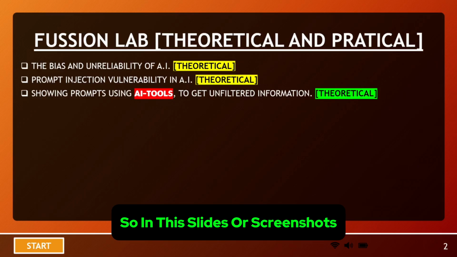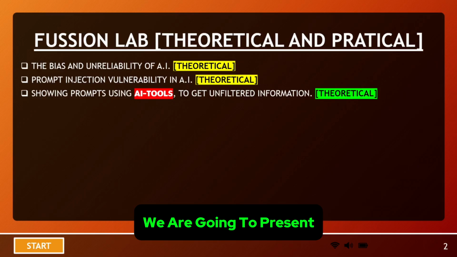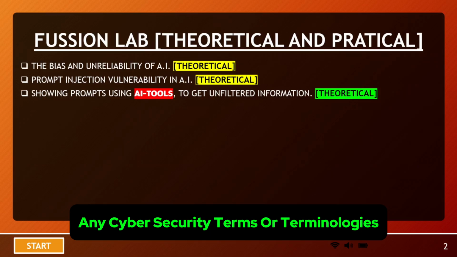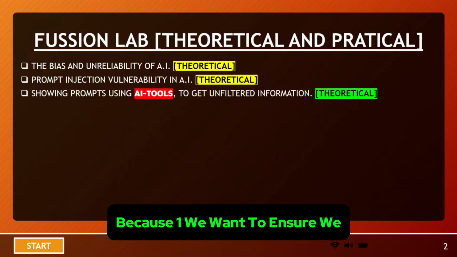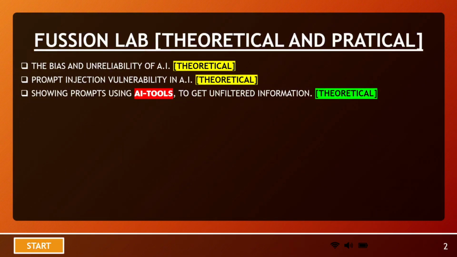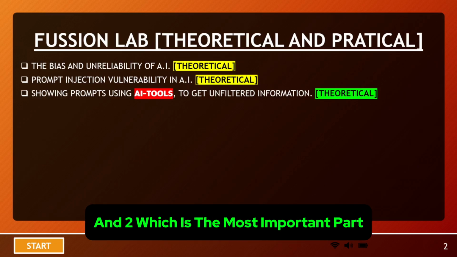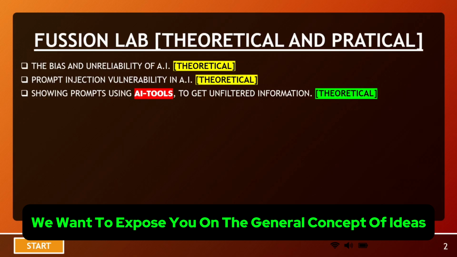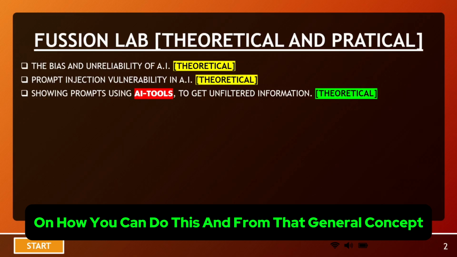So in these slides or screenshots we are going to present, we never used any core concept using any cybersecurity terms or terminologies. Because one, we want to ensure we protect intellectual property and information. And two, which is the most important part, we want to expose you to the general concept of ideas on how you can do this.